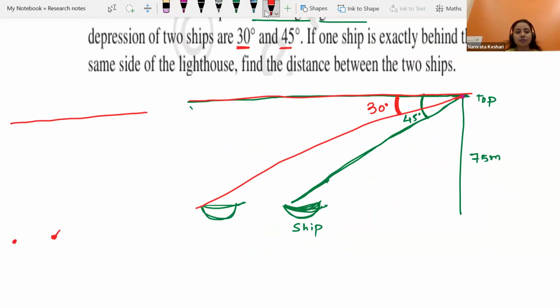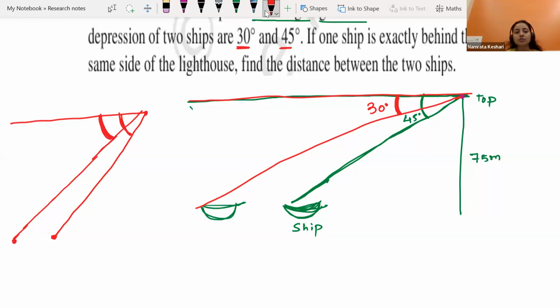If we join, let's take this as a line of sight, and this much is the angle of depression. Now from the same point, another angle of depression we are having. Let's join it. And there is an angle with the horizontal, of course.